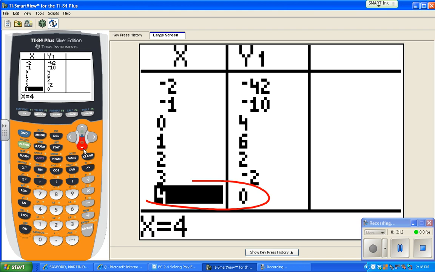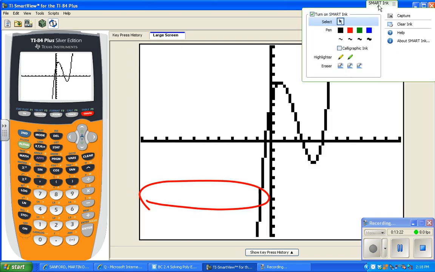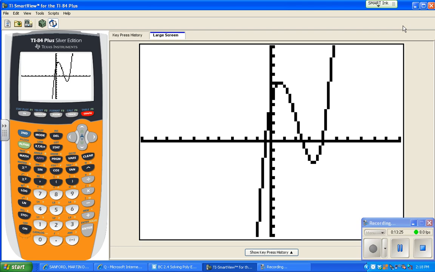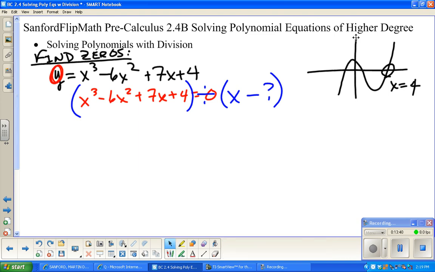Okay, 4, 0. Okay, now, quick note here. If I use a graph, then I need to sketch the graph. If I use the table, I need a chunk of table. So if I find a 0 at 4 by using the graph, then I need that.